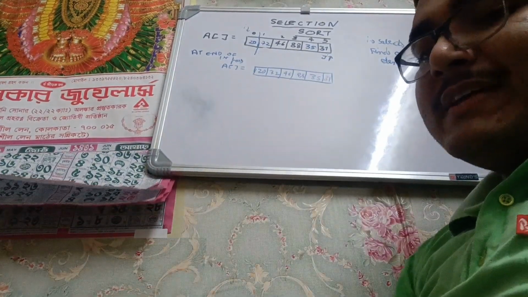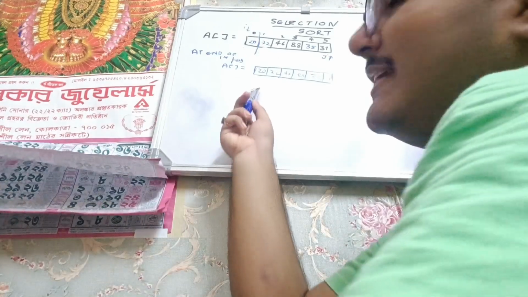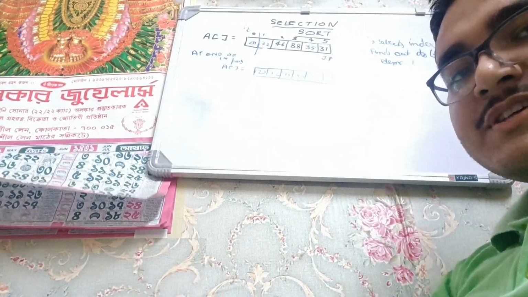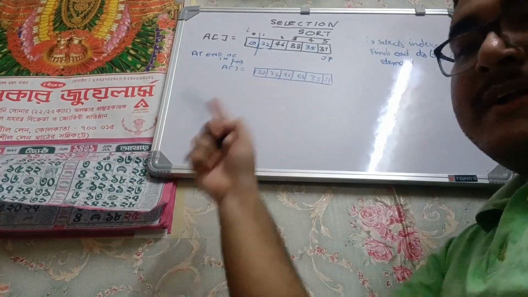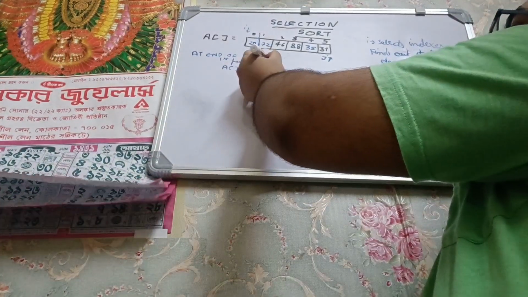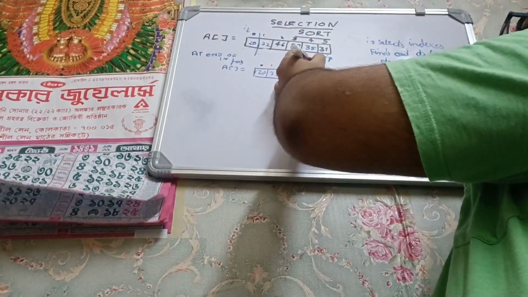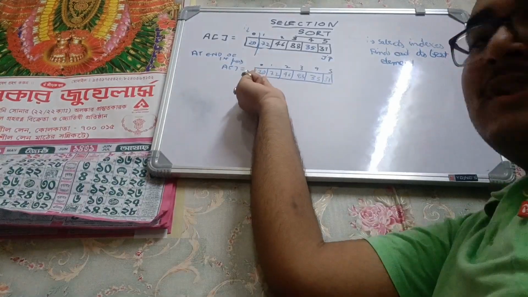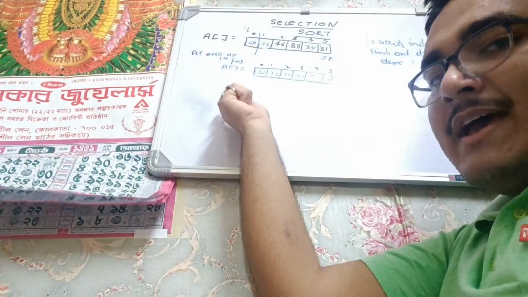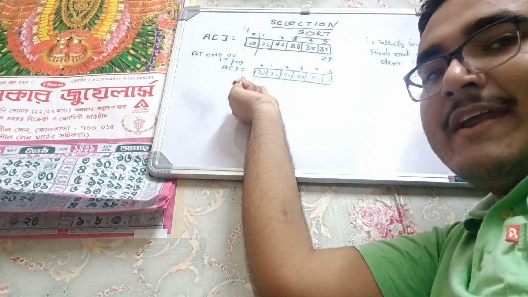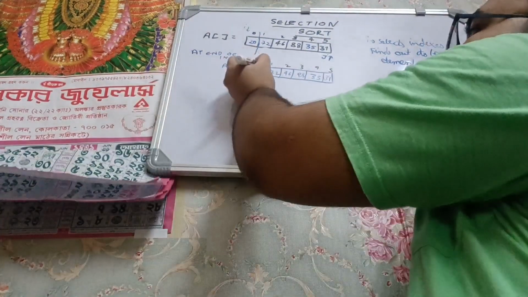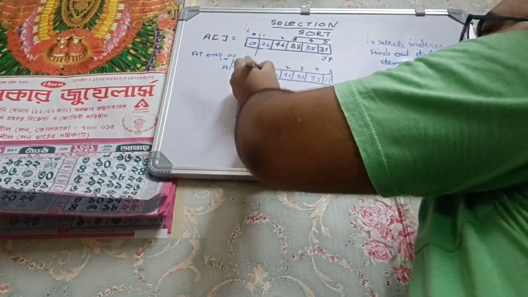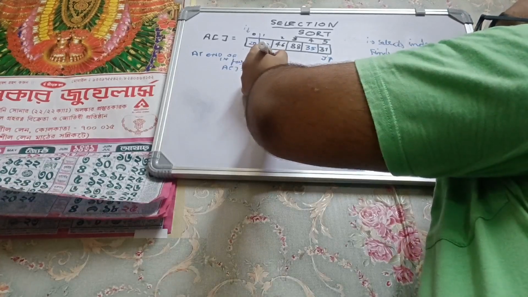Now 20 is currently at its correct position, right? Because i was pointing at that element, and j has compared it with each of the elements. 20 is the smallest element, and the smallest element has come to the front of the array. I am marking it as black, and now i points to 1.